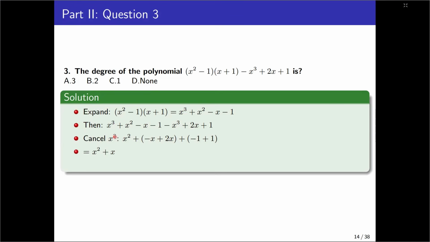We have x squared here, so x squared plus x is the simplified form of the given expression. Therefore, the degree of the given polynomial function is the highest exponent of its terms, which is simply 2. So the answer for this one is B.